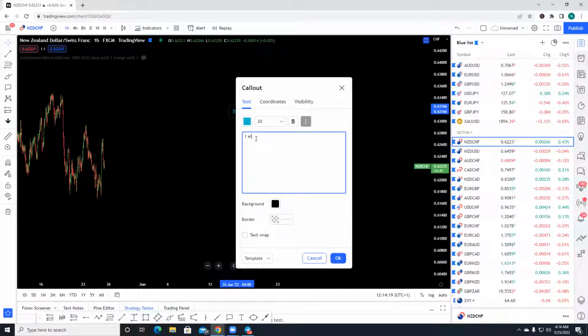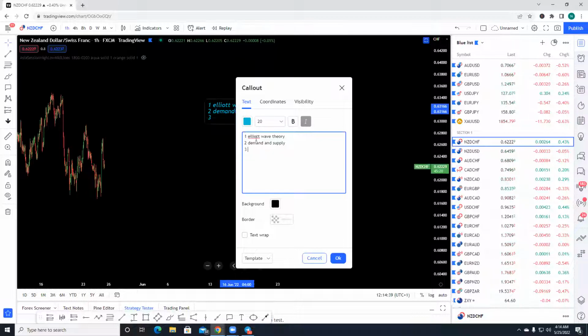I use Elliott wave theory, which you will see as I go. Number two, I use demand and supply. Number three, I use support and resistance.